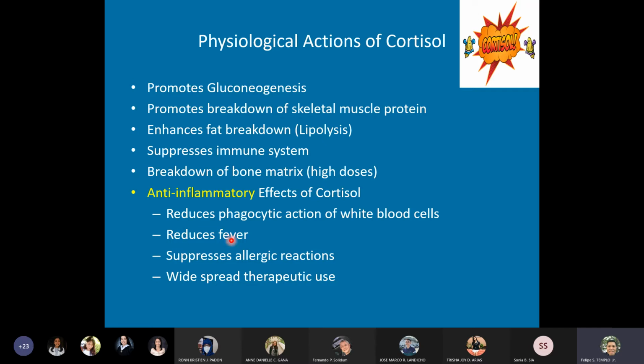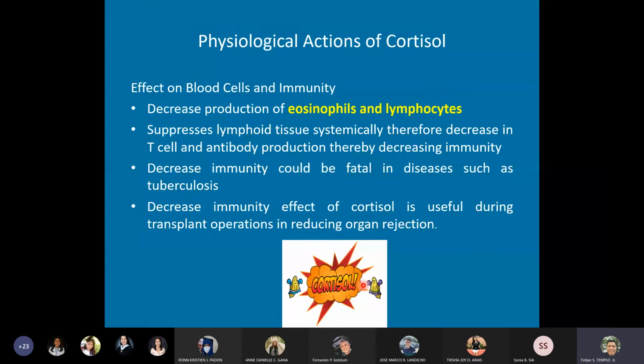So what are the anti-inflammatory effects of cortisol? In immunology, it reduces the phagocytic action of your WBC. It reduces fever. It suppresses allergic reactions. So it has a wide therapeutic use, and it is also prone to abuse. Specifically in the immune system, it decreases your eosinophils and lymphocytes, and also suppresses your T cell and antibody production.